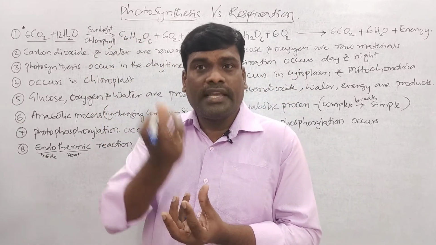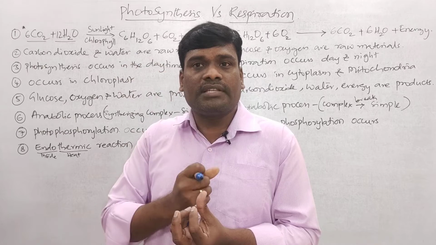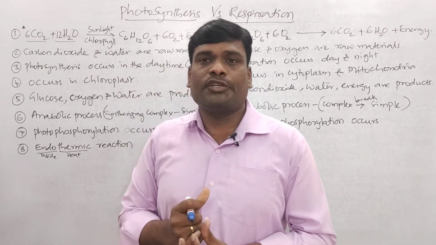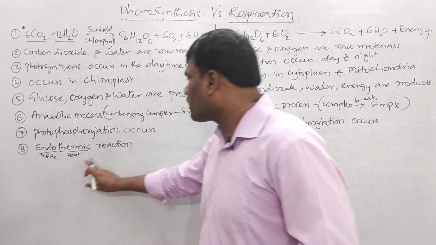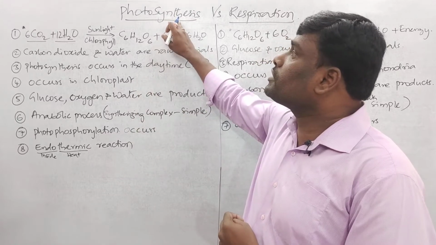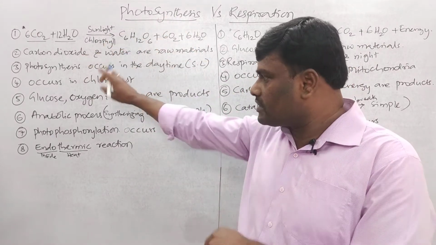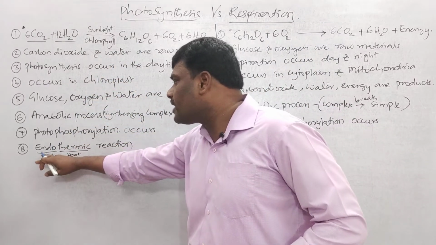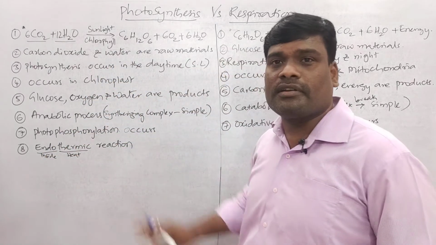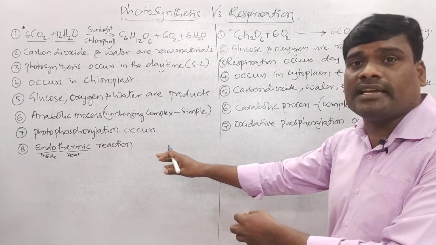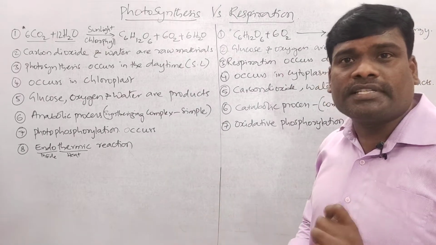Got it? So they utilize the sunlight, they absorb the sunlight. So such type of reactions we call it as endothermic reaction. So this photosynthesis process utilizes the sunlight, children. So it is an endothermic reaction. So heat is utilized here in the process of photosynthesis.